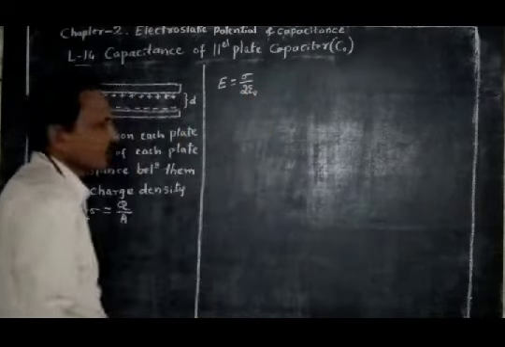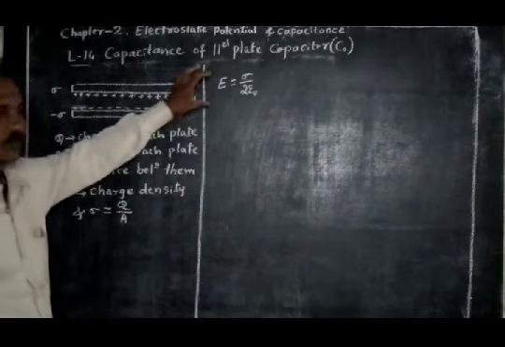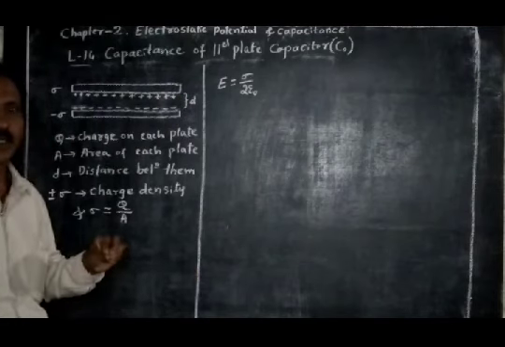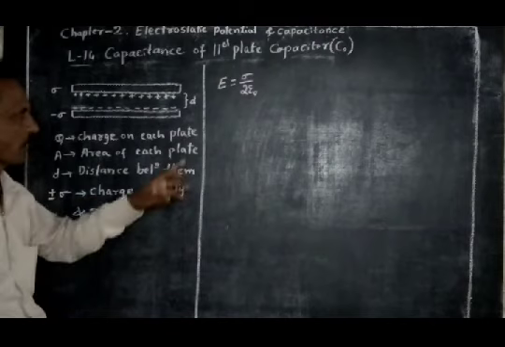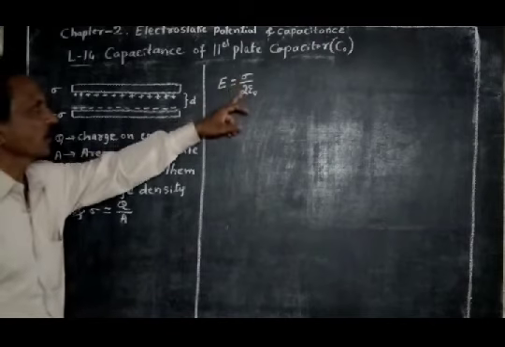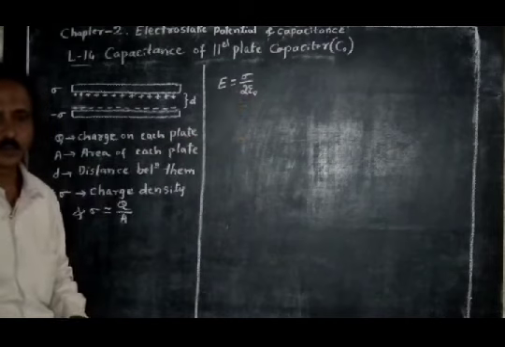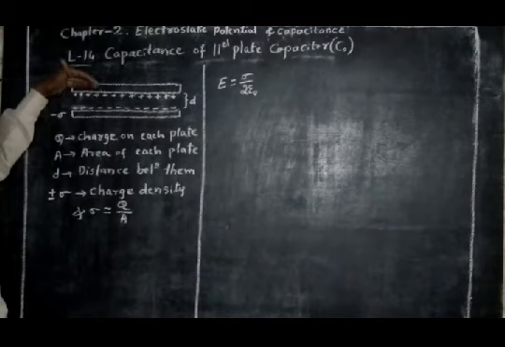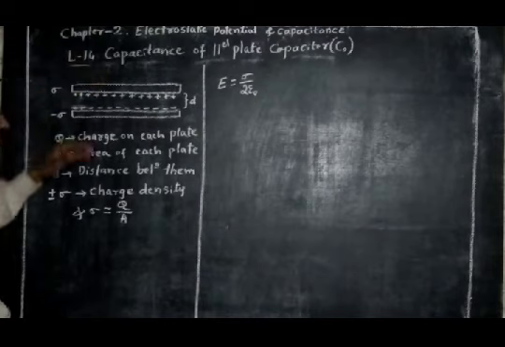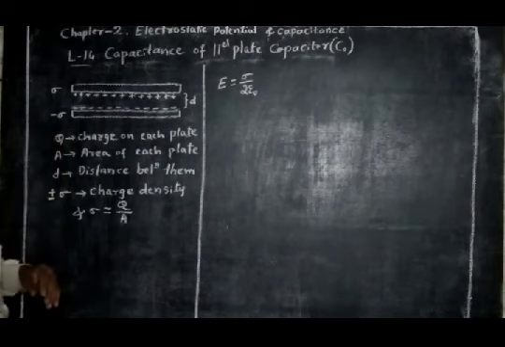This we have derived in the first topic, that is the electric field due to a uniformly charged plane sheet, and it is given by sigma upon 2 epsilon naught. And the electric field outside the two plates is equal to 0.